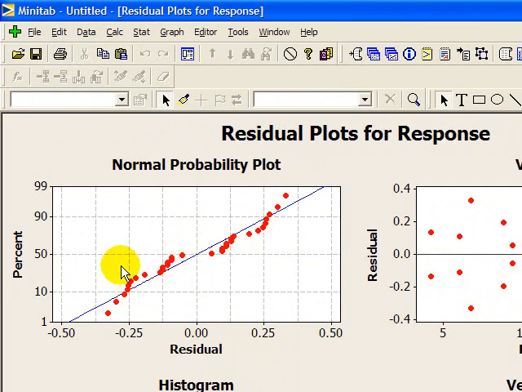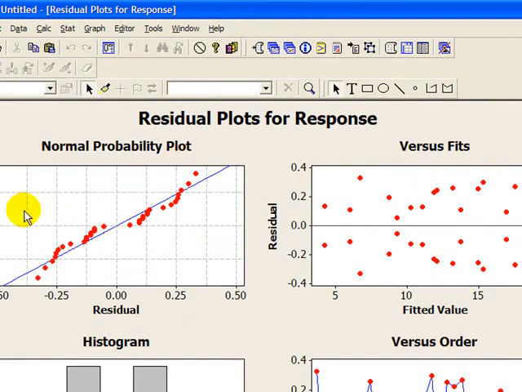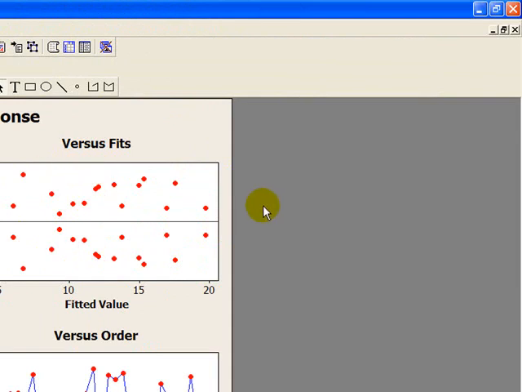The normality assumption seems to be good. So the normality plot is good. Similarly, if you look at the residuals versus the fitted value, there is nothing unusual about this plot either, right? So that is good. So our assumptions behind these models are okay.